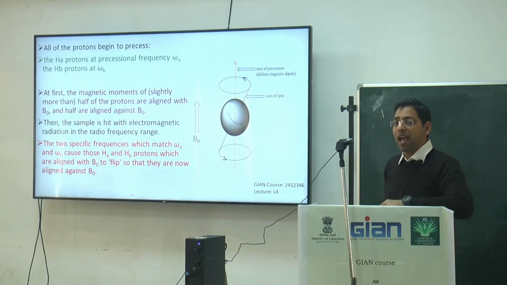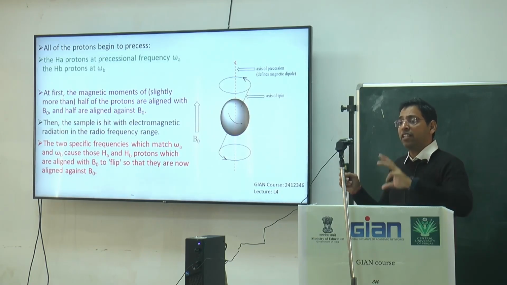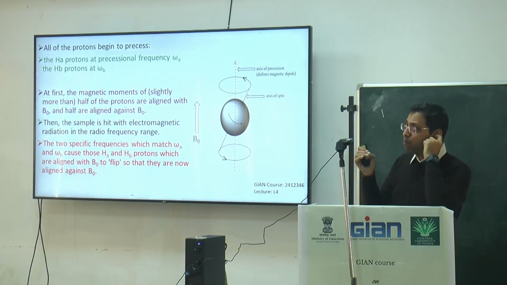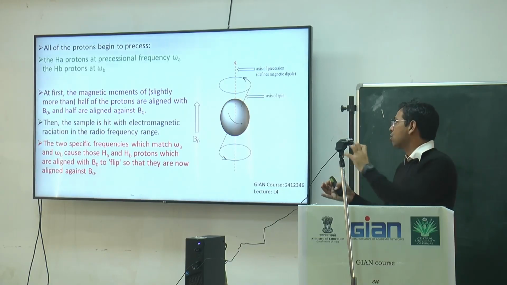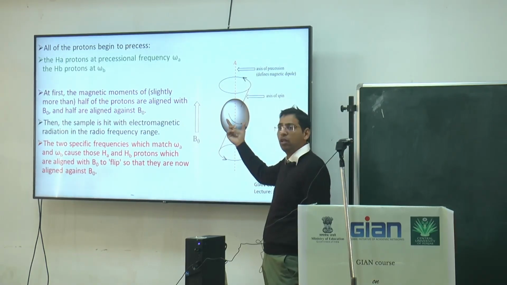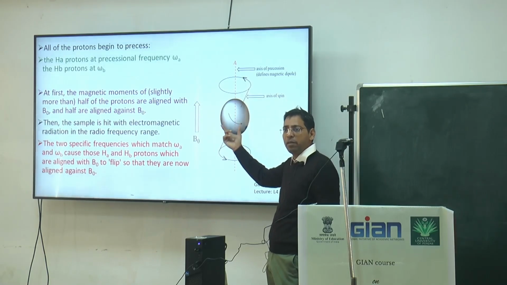So basically what is happening: these nuclei of two different environments, when we put them in the magnetic field, suppose this is the applied magnetic field, and this is the particular nuclei, and these are three similar nuclei.